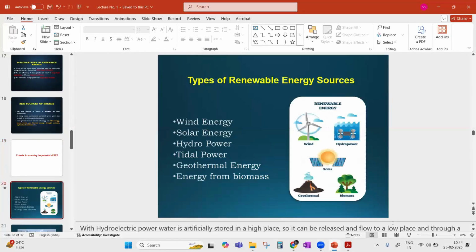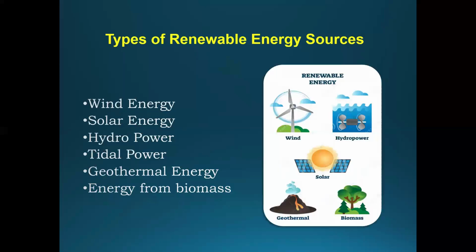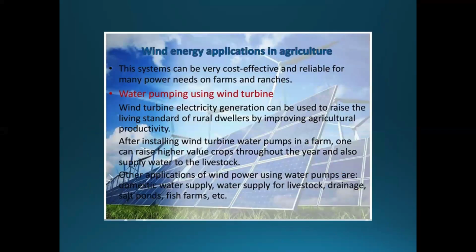Then now coming to the types of renewable energy sources, already we have discussed: wind, solar, hydro, tidal power, geothermal and energy from biomass. So now we'll see what are the applications of wind energy. It is a very cost effective and reliable source. First, wind energy is used for generation of electricity by wind turbines.